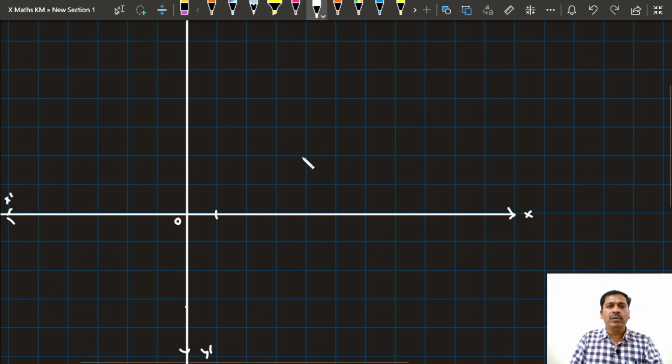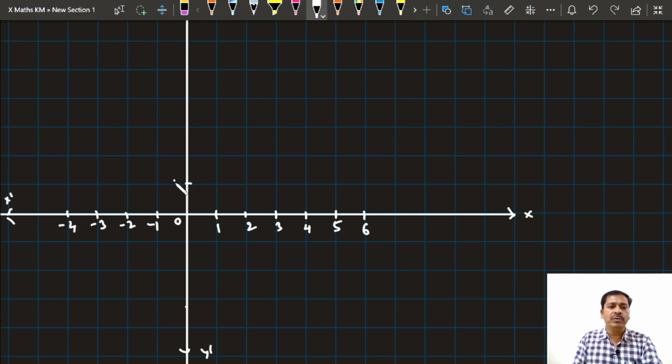See, this is nothing but 1. See, this is 2, 3, 4. This is 5. This is 6 and so on. It is enough. This much is enough. See, this is the left side of the number line, that is minus 1. This is minus 2, minus 3, minus 4 and so on.